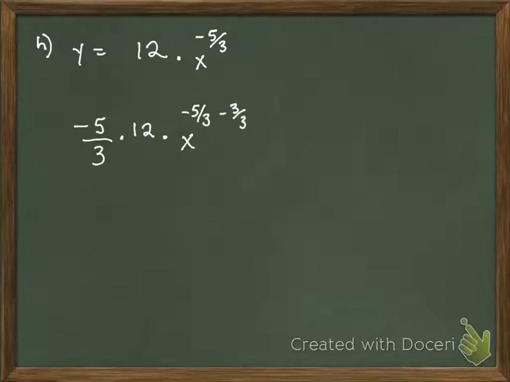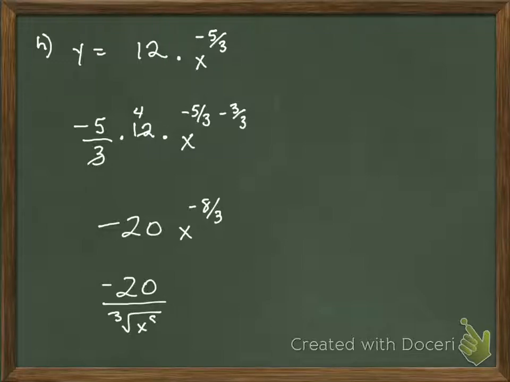Always go ahead and change mine to be like that. So what is that? That goes to 4, right? So that's negative 20. Negative 8 over 3. And that would be negative 20 over what? Cubed root of x to the 8th power.